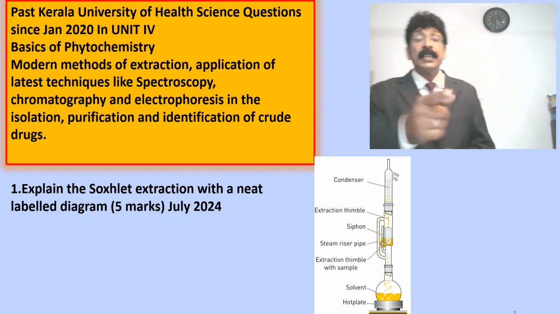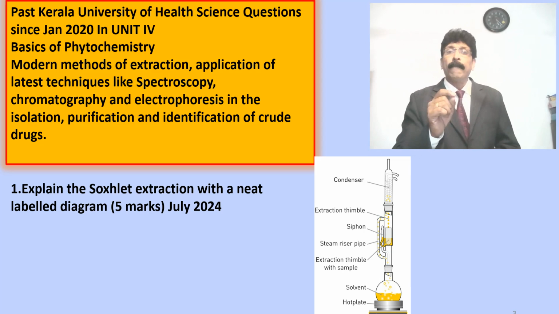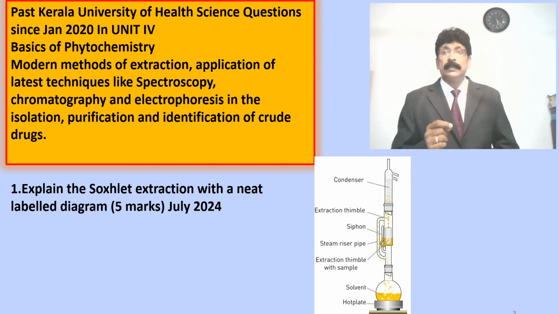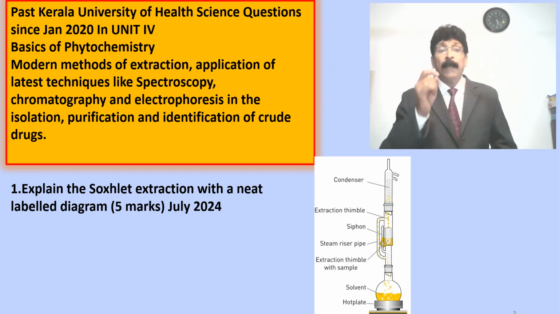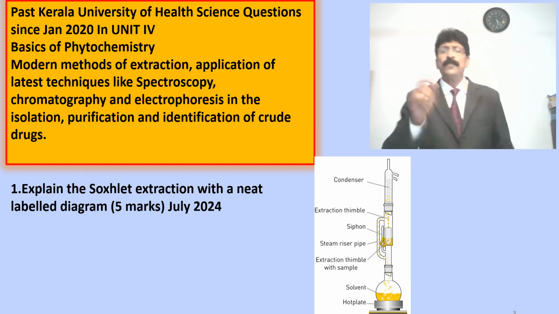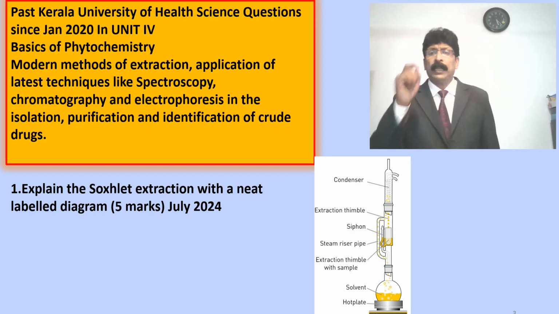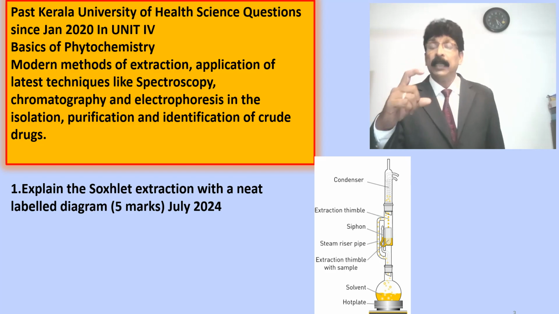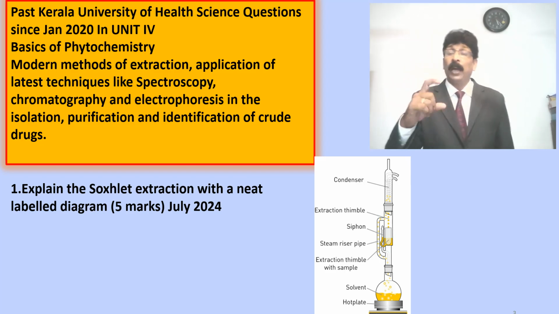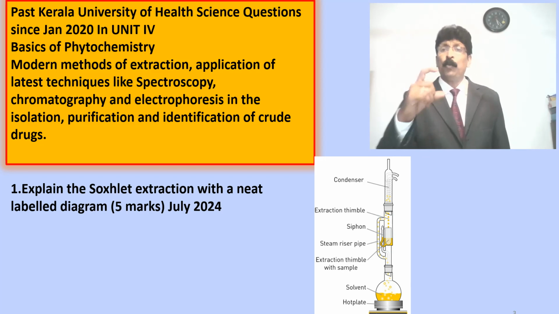The question asked is: explain the Soxhlet extraction, continuous hot percolation, for example Soxhlet extraction, with a neat labeled diagram. So it is very important for the students to write about the condenser, Soxhlet apparatus, the siphon tube and the side tube, the round bottom flask, and even the mantle or the hot plate which you are using for heating the solvent kept in the round bottom flask.